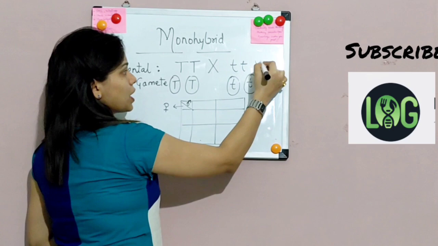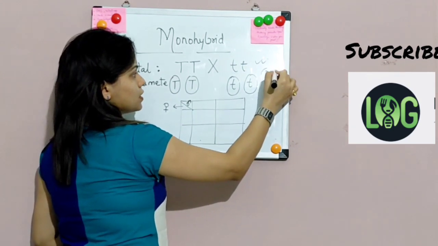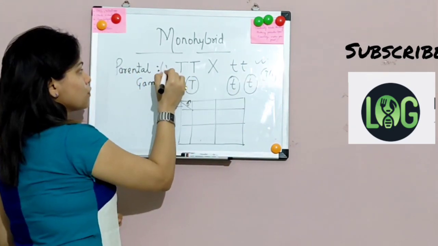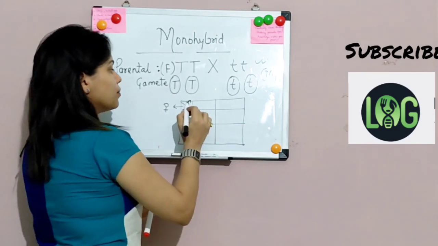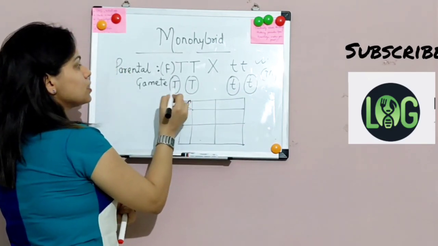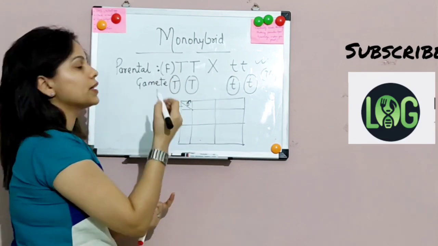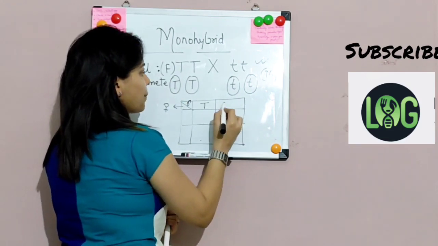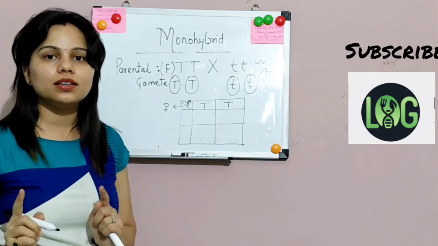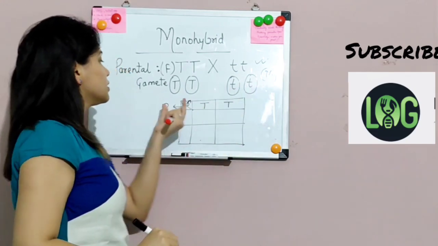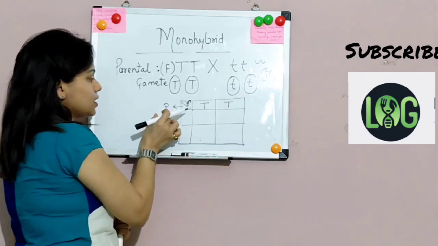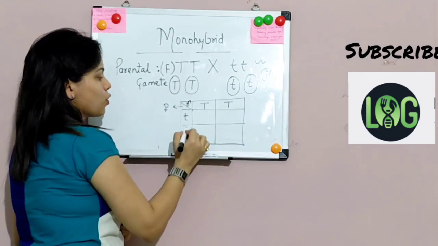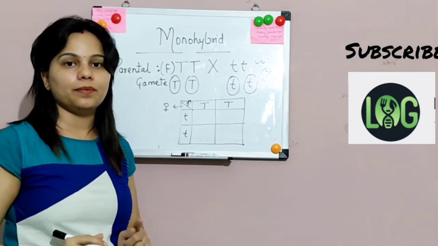Now this was my mother as we have considered initially, and this was the father, right? So in the male gametes I will write the gametes formed by the father, that is capital T and capital T, whereas in the female gametes I will keep the gametes formed by the mother, small t and small t.